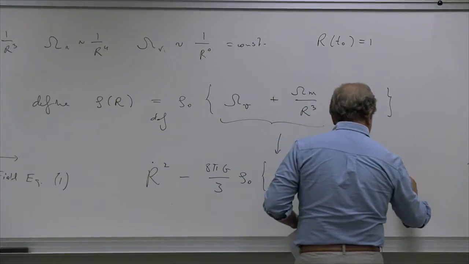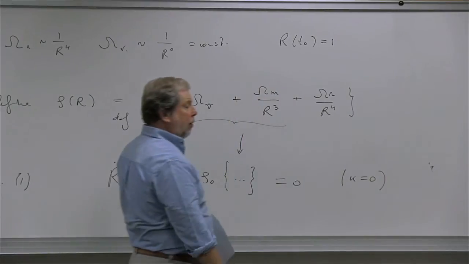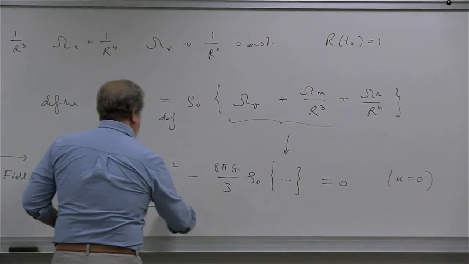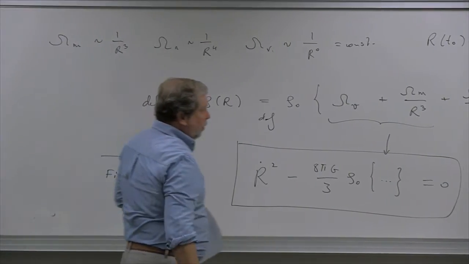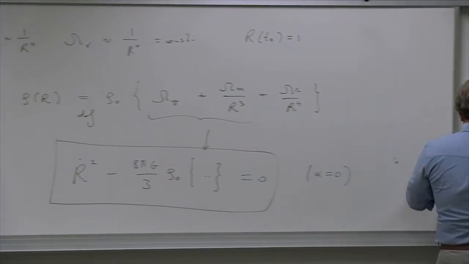And that is, in fact, the correct equation when k is equal to 0. So you can write it in this form, and the reason you want to write it with this rho of r is because it looks like a potential.